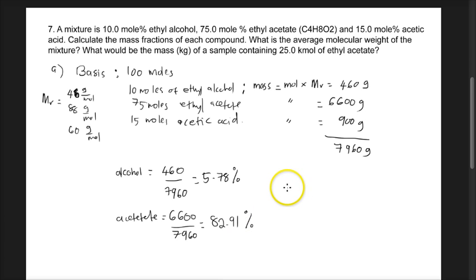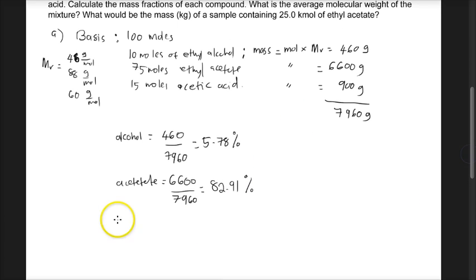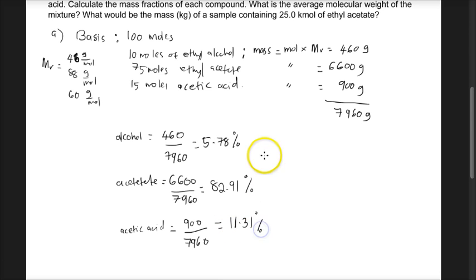And the last one is acetic acid, which is 900 divided by the total mass, 7,960, and you get a value of 11.31%. So you add up all of these, it's equal to 100%.